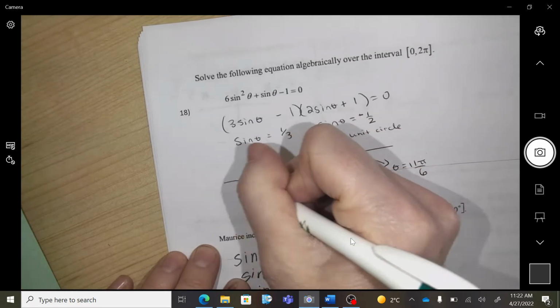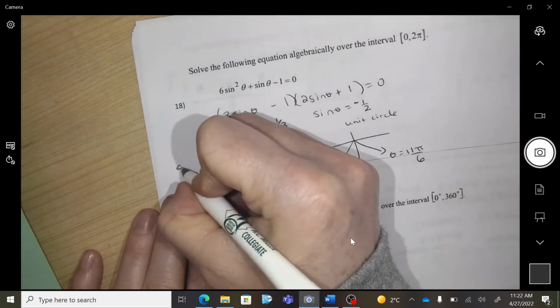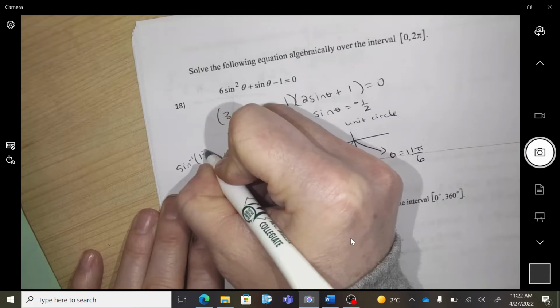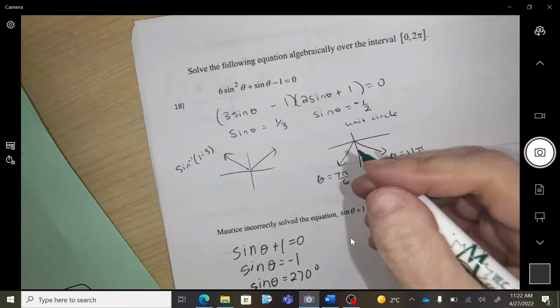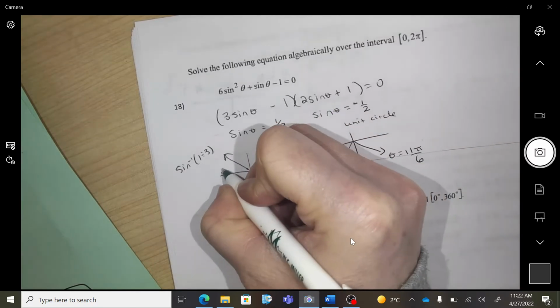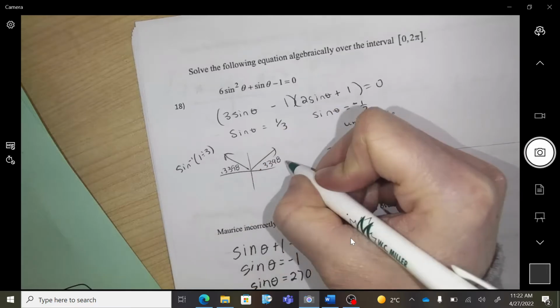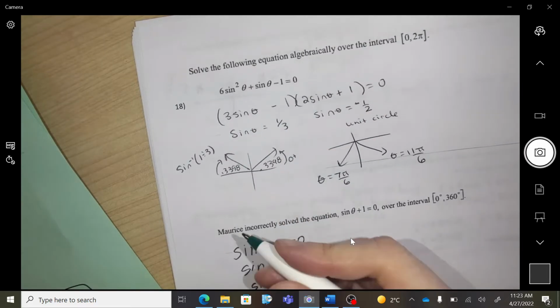Okay, so I'm going to quadrant 1 and 2. I'm going to sine inverse. And then I get in radian mode 0.3398. So this would be technically 0 plus.